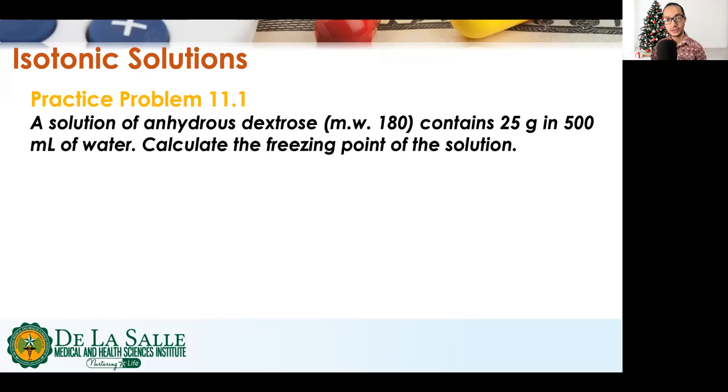The first thing that you have to do here is to make assumptions. We will first assume that in preparing the solution, the volume of the solvent that we will use is, in this particular case, really 500 milliliters.